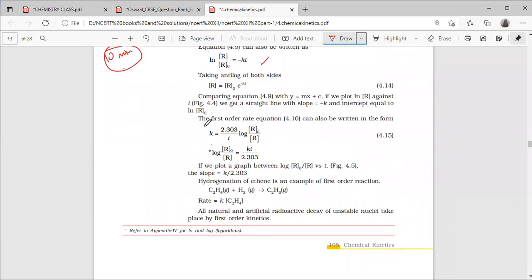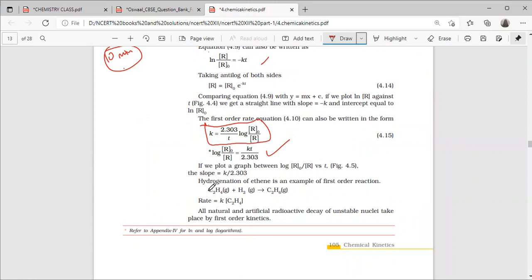What I wrote there is the same formula they wrote here: K equal to 2.303 by T log R0 by R. Then log R0 by R equal to, T is going there, then 2.303 coming down. This is also how we can write it. The formula is only one. However you want, you can write it.